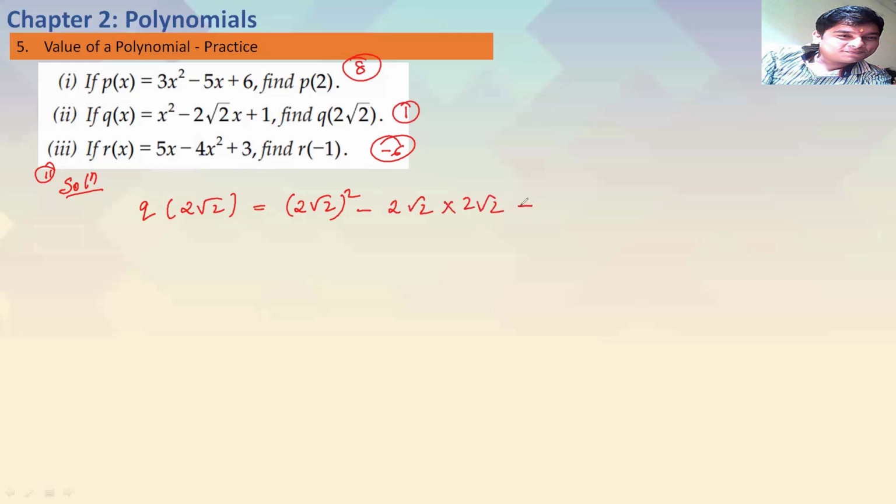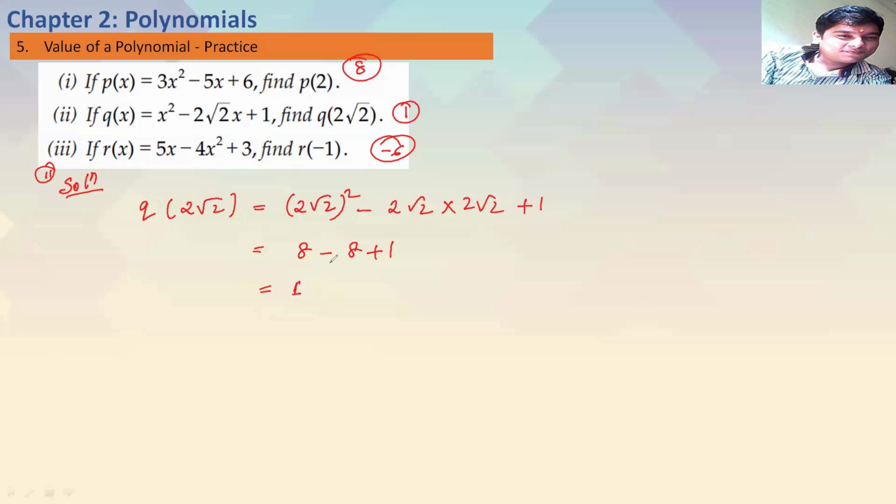I just did the rough calculation. No, on paper you will have to write, because you will get marks based on what you write on paper, right? Yeah, sir, I'll write in the paper. Very good. So this is 8 minus 8 plus 1, which is 1. Fantastic, so you're done with this.